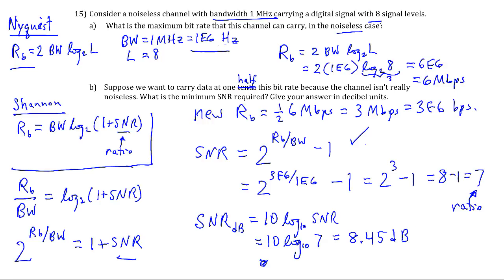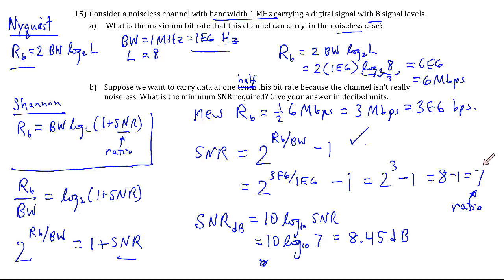In fact, this is quite a small signal to noise ratio, and so we're able to hit this bit rate of 3 megabits per second quite easily with a signal to noise ratio of less than 10 dB. Okay, so here the signal is only 7 times as powerful as the noise, which is actually a pretty bad case.